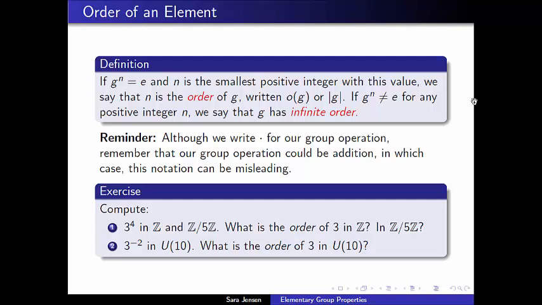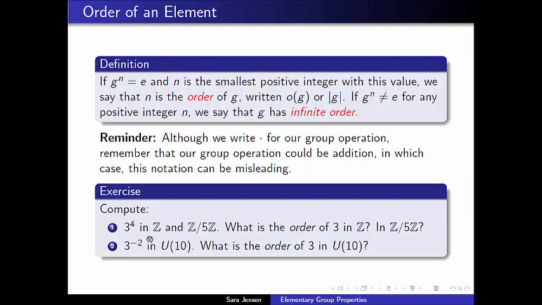So the two exercises I have here are to compute 3 to the 4th power in both Z and Z mod 5Z, and then from there to discuss the order of the element 3 in both of those groups, Z and Z mod 5Z.